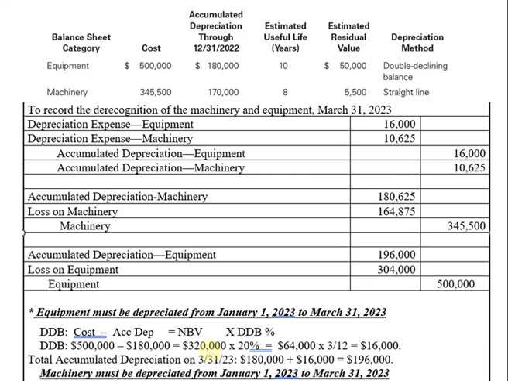Double declining balance with a 10-year life would be 1 divided by 10, 10% times 2, or 20%. That's where that comes from. So when we do that math, we get 64,000, and 3 out of 12 months, January through March, gives us 16,000. So we're going to record 16,000 of depreciation on the equipment.